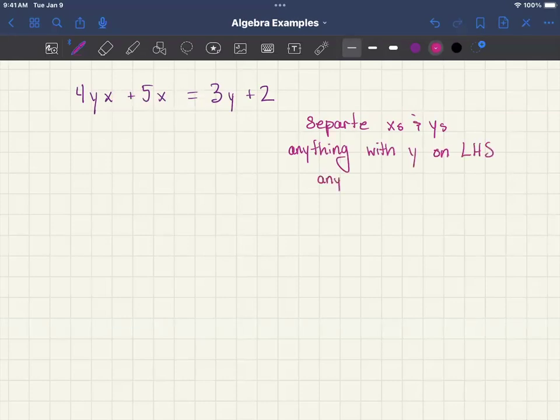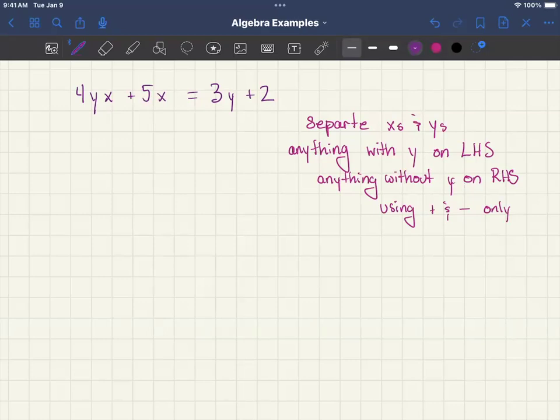Anything without a y goes on the right-hand side, using addition and subtraction only. So no division yet. We do not want to divide yet.